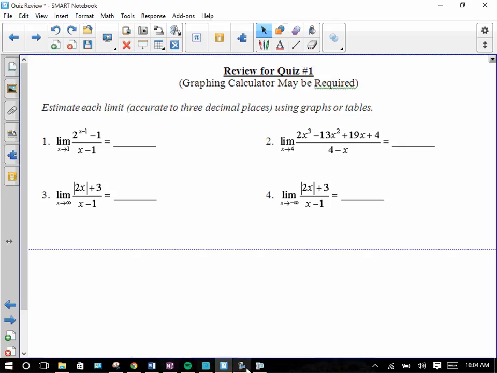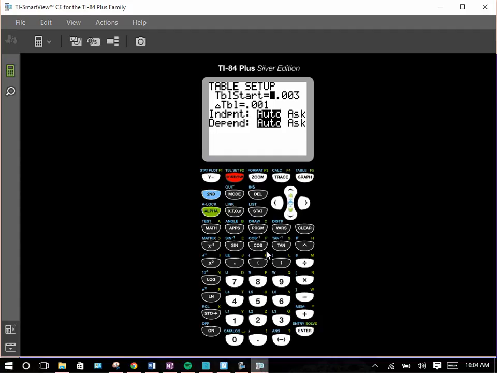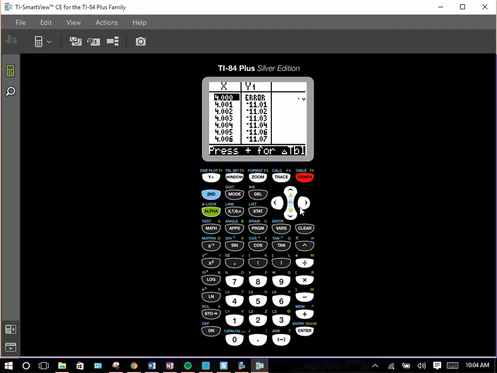After your table is set to 0.001, it says as x approaches 4, so I'm going to type in a 4 there. So you want to start my table at 4, so I don't have to scroll down 4,000 times. I enter 4 and hit second table, and I look, and obviously this limit would be what?